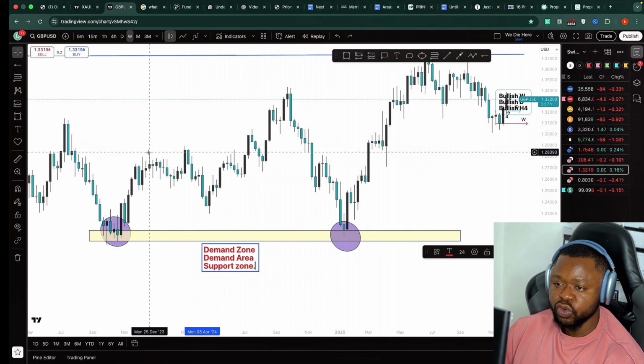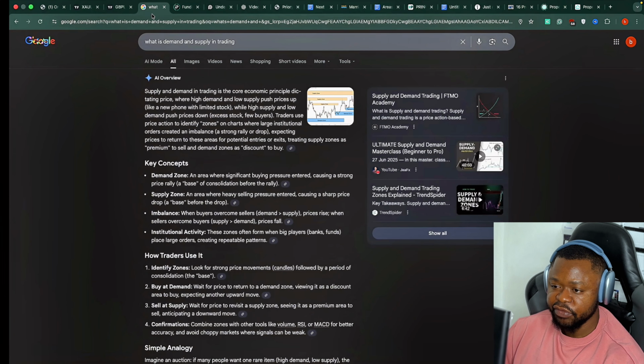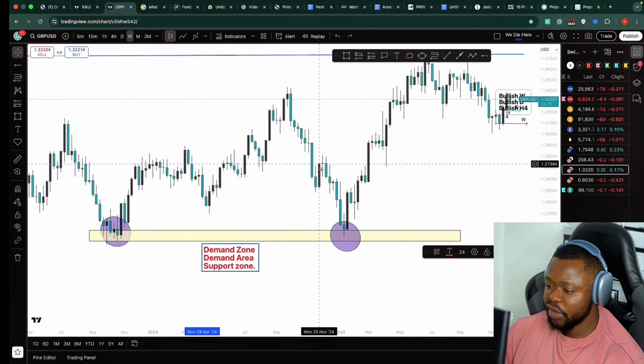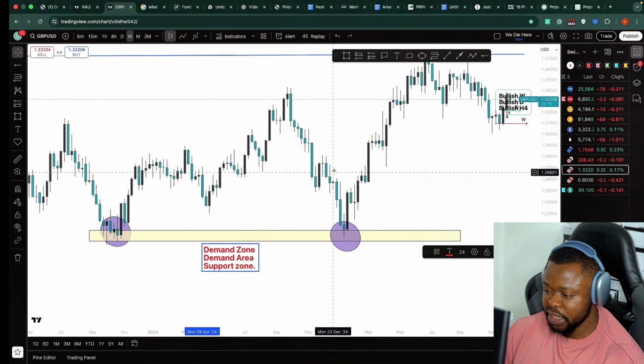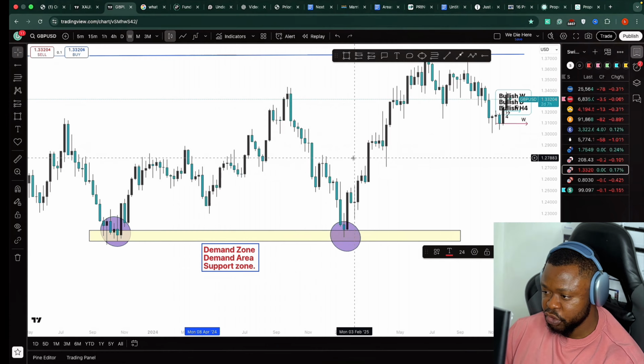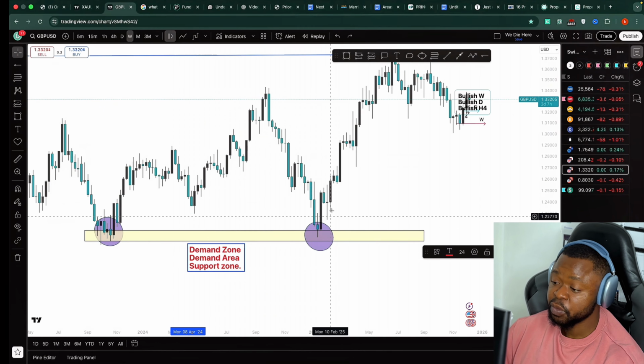So if we go back to this definition by Google, we have the imbalance. On this particular point, you can see that we have the imbalance between the sellers and the buyers. The sellers are coming. You can see we have a doji here. There's an imbalance between the sellers and the buyers. So we have more buyers ready to rally price up. You can see as price tapped this level, price just rallied.